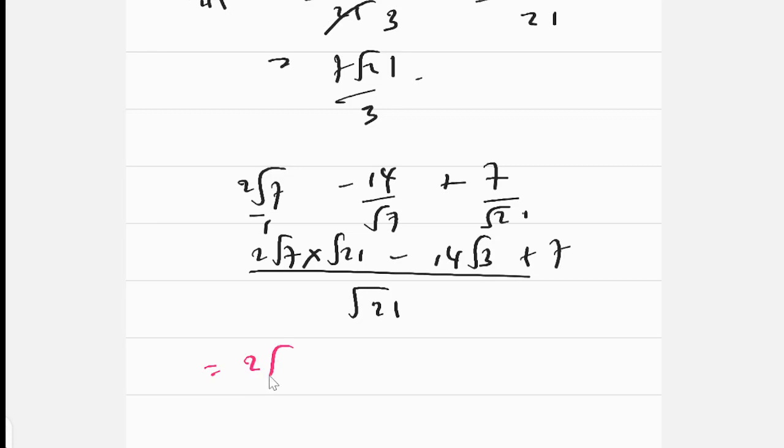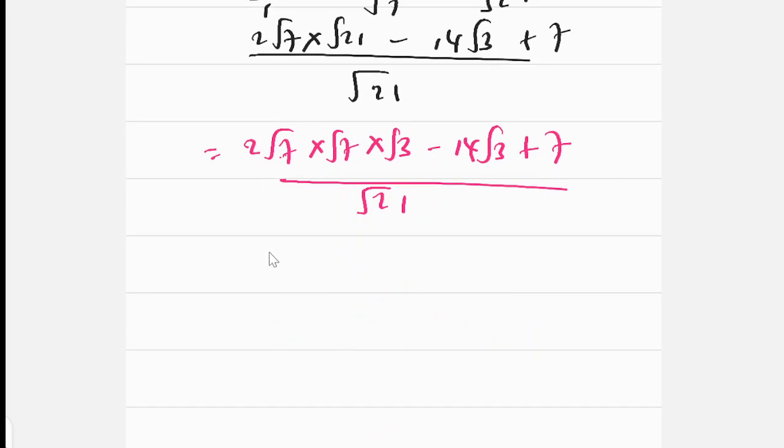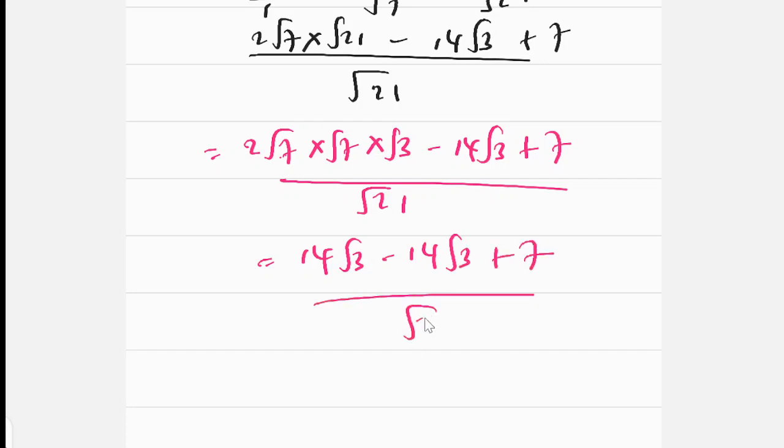Then this one will now give you 2 root 7 times, you can split this further as root 7 times root 3, right? Then minus 14 root 3 plus 7 divided by root 21. So you see that this guy will cancel, root 7 times root 7 will give you 7. 7 times 2, that is 14. Then you have 14 root 3 minus 14 root 3 plus 7 divided by root 21.